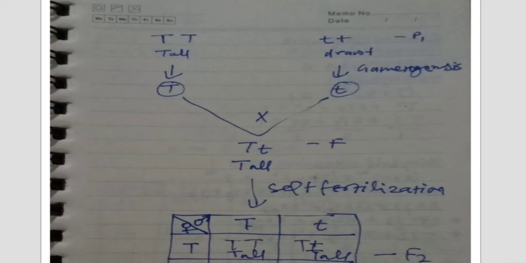So when we make the cross between two contrasting traits, one trait is expressed in the F1 generation and the remaining one is hidden. The trait which is expressed is called the dominant trait, and the remaining is called the recessive trait, and this is called the law of dominance. In other words, the law of dominance is based on the monohybrid cross, and it can explain how the dominant trait is expressed in the F1 generation.